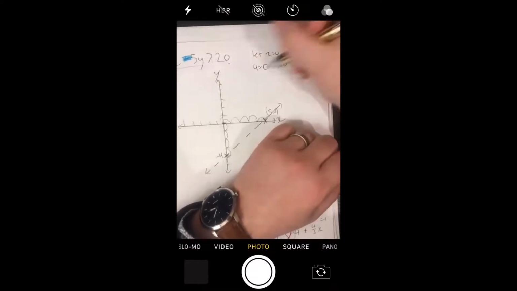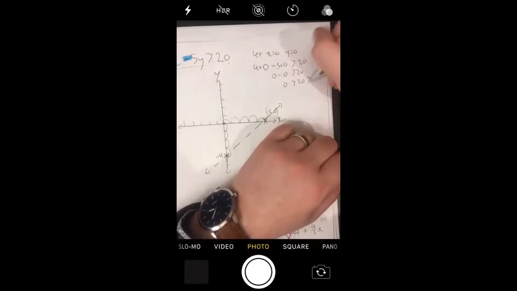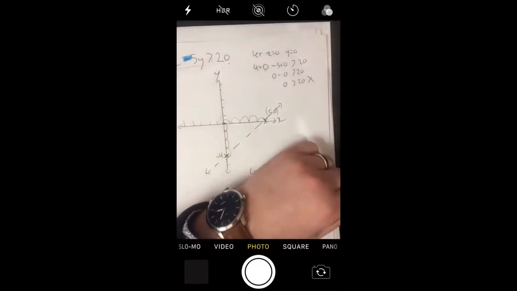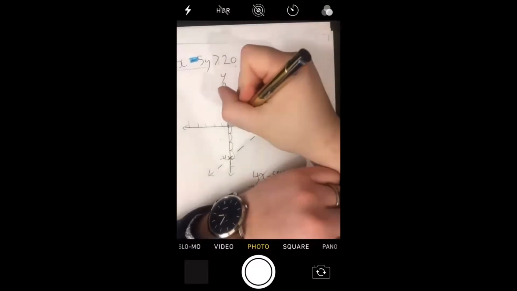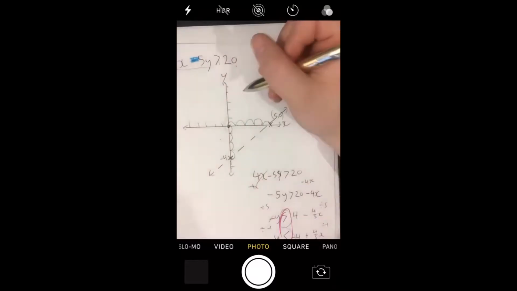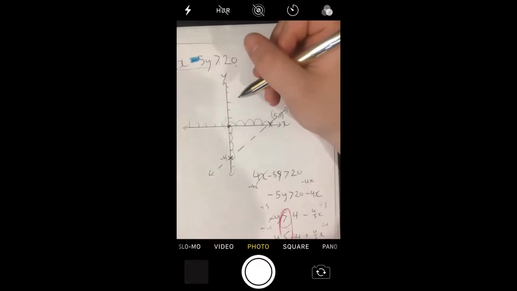So 0 minus 0 is greater than 20. Is 0 greater than 20? No, it's not. So that means 0, 0 is not in the region required. So if 0, 0 is not in the region required, I'm going to cross it out.